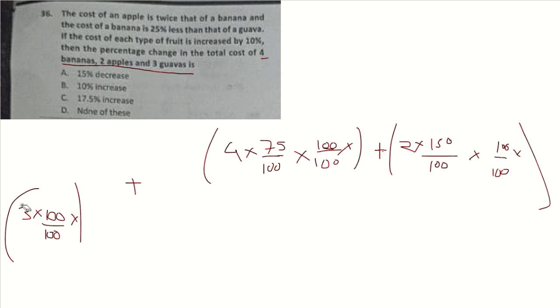That's why I was writing 100 by 100, so this will become 3 into 110 by 100 of x, and taking 110 by 100 common in each of these, we get 3x plus 4 into 75 by 100 of x plus 2 into 150 by 100 of x, which was the previous cost. So 110 by 100 of this, and that is again just a 10% increase, option B.